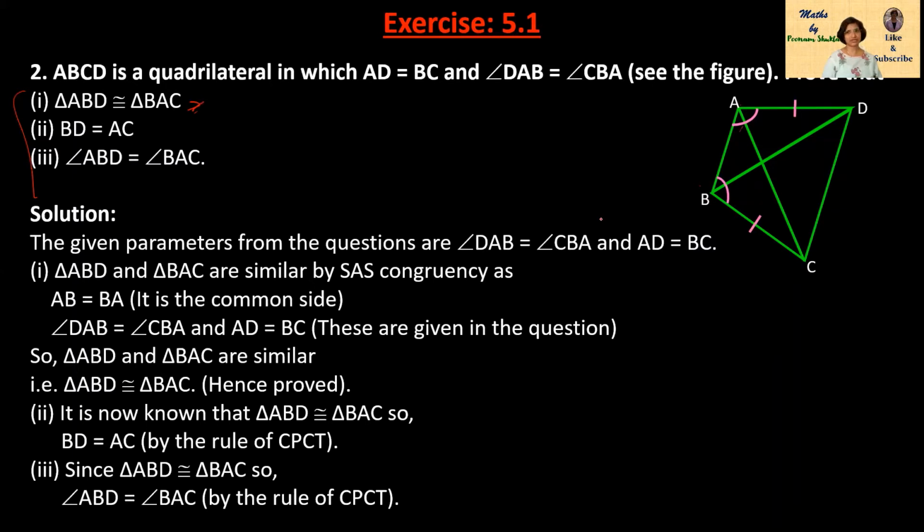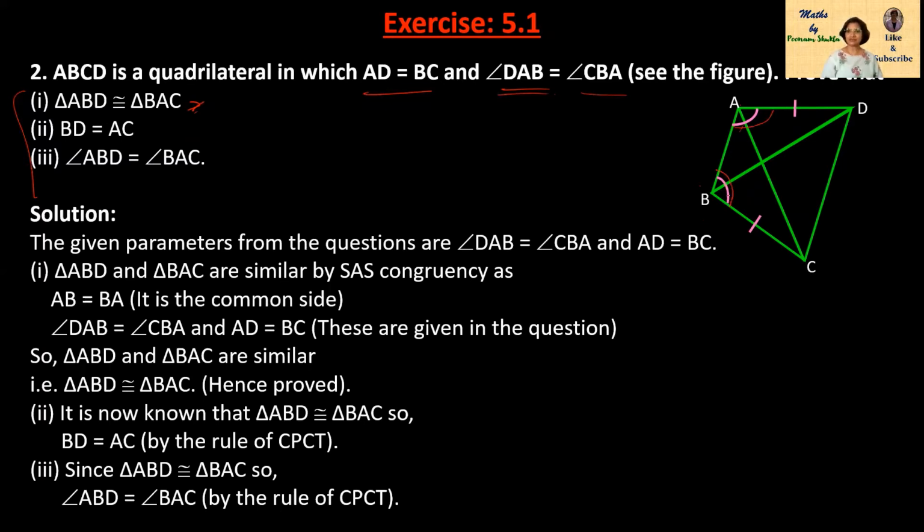So for these two triangles, we will check what we already have and what we have to find out. What we have means what is given in the question, right? So here AD equals BC is given, that these two sides are equal, and one more thing is given, angle DAB equals angle CBA. This angle equals this angle. This is given in both the triangles.